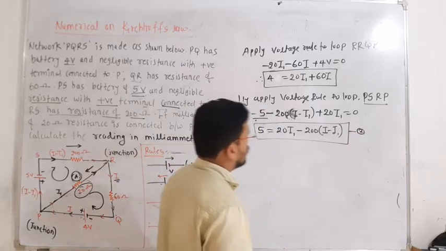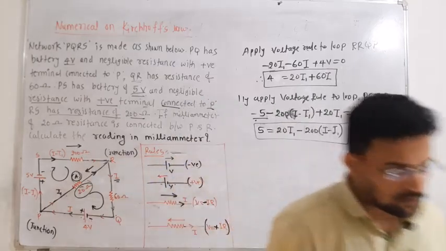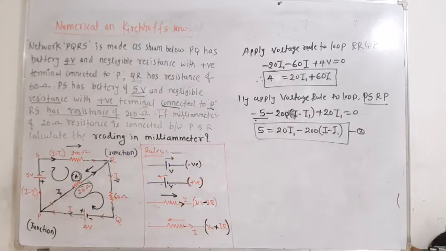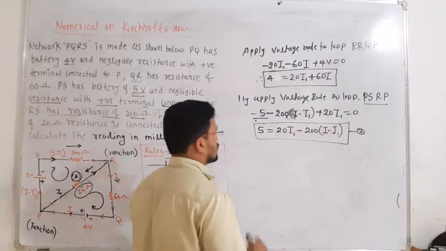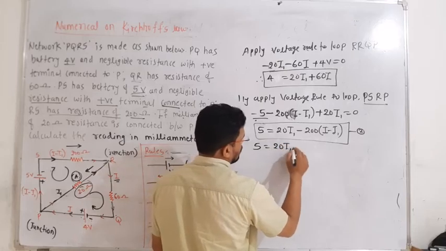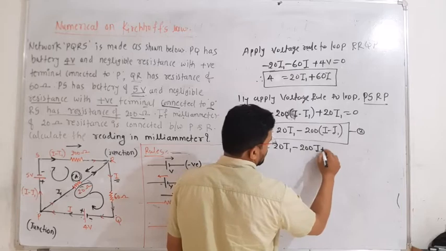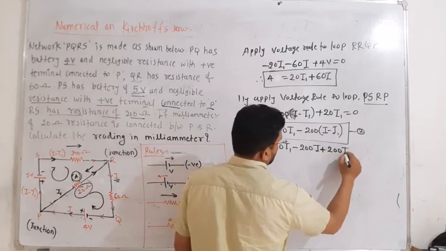Next, what you have to do is place it. I will solve this first. It becomes 20I1 minus 200I, minus minus becomes plus, it becomes 200I1.